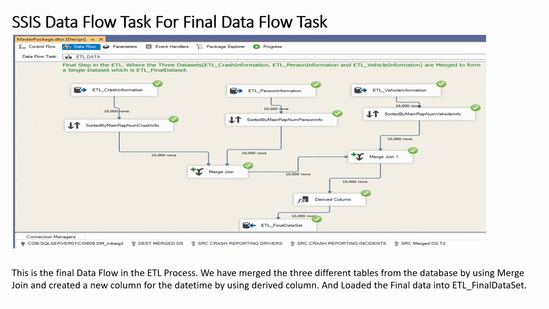Then we have used a derived column over here, so that we have added an extra column with the GETDATE function, which specifies the current date and time at which the data is dumped into the data set. And here is our final data set, etl_final_dataset, which contains the entire information about our data. And that's about the complete SSIS task.